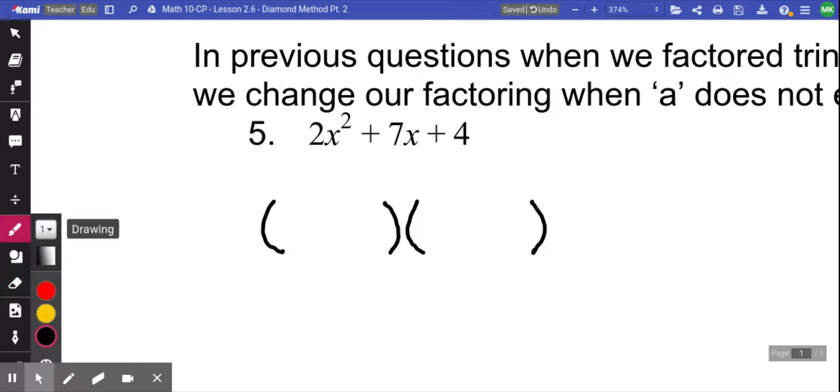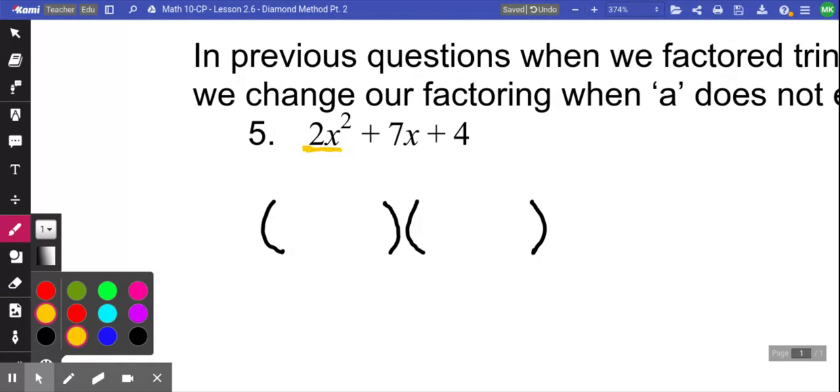And I also know that the first term of my trinomial always comes from these 2 terms right here. But we have a new problem. On all the previous questions, there never used to be a number here. It used to just always be x and x becomes x squared. But now there's a 2.